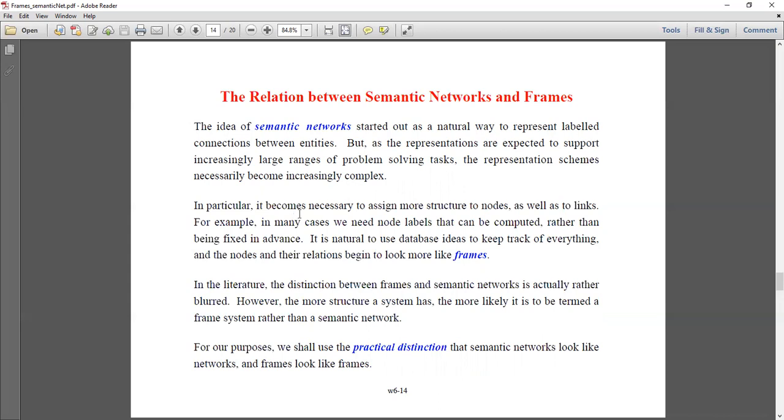In particular, it becomes necessary to assign more structure to nodes as well as to links.